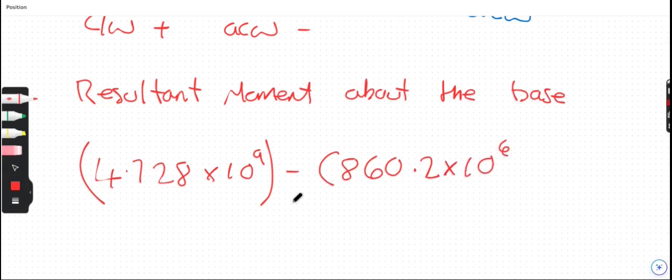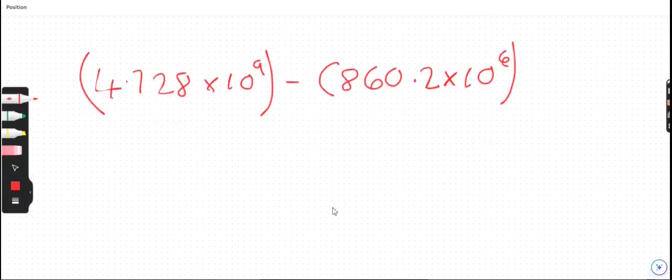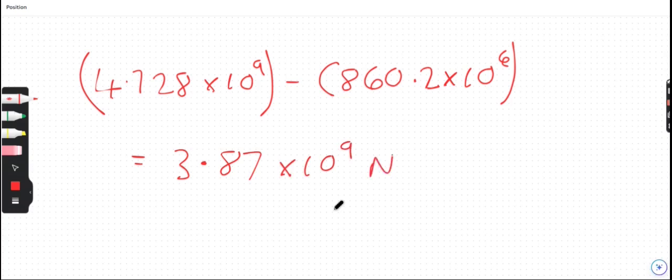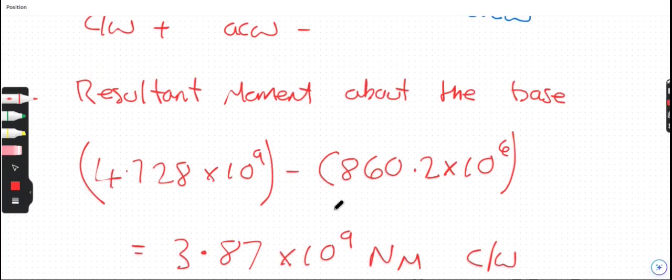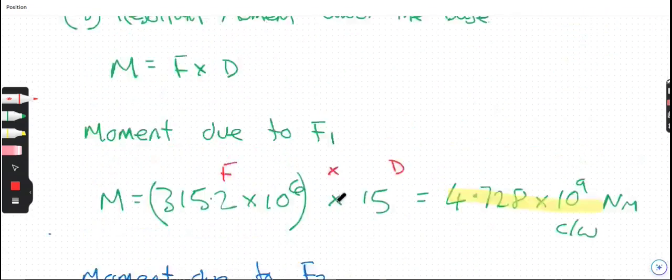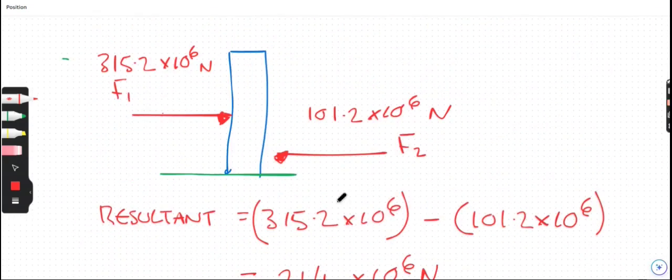Don't forget that. Okay, take them away, press the ENG button, and you should get 3.87 times 10 to the 9 Newton meters clockwise. Not Pennywise, that's a clown. Clockwise because the moment due to F1 is the biggest one.